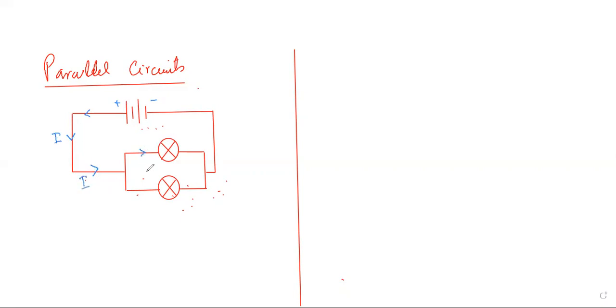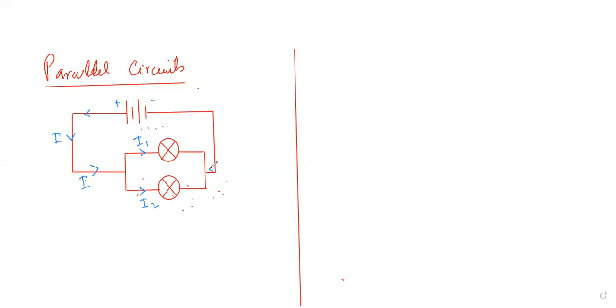But the problem is now here, it will be split into two positions, I1 and I2, where we wrote on the previous board that the current will be split in the parallel circuit because two different paths are there. So some current will go over there, some current will come over here. If these bulbs are identical, they will share an equal amount of current.